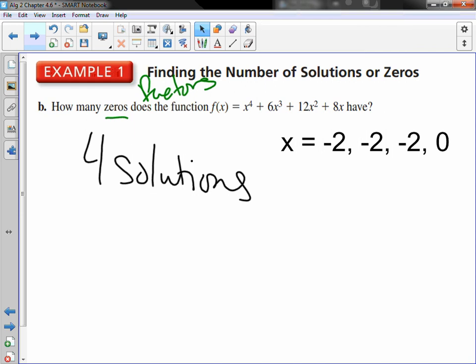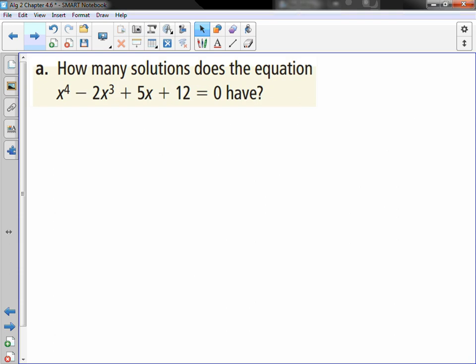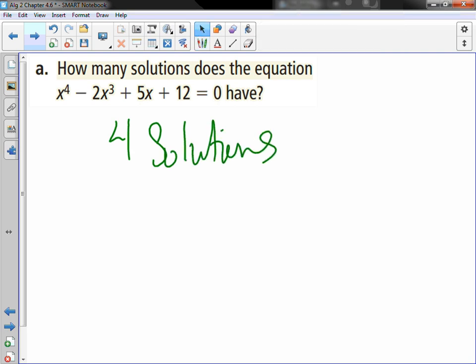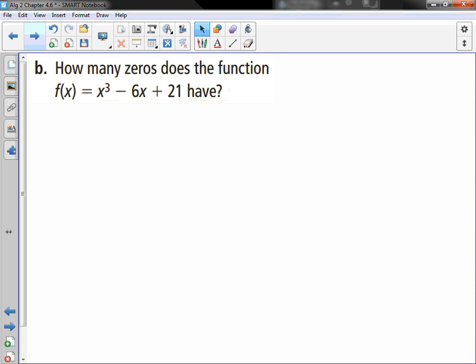Questions on this so far? All right, how many solutions does this one have? This one would have 3.